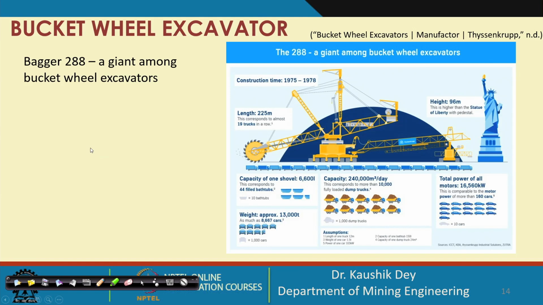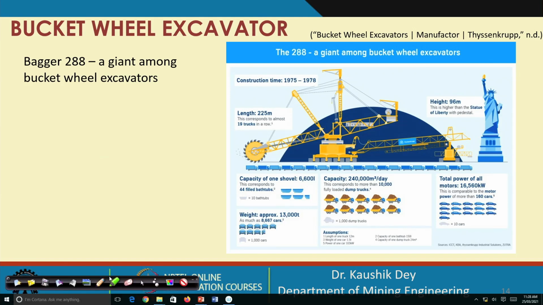Before that, in 1975, this was the lower size model. You can see it is a 13,000 ton weight machine, and this is the specification of this machine, which is also a very giant bucket wheel excavator.